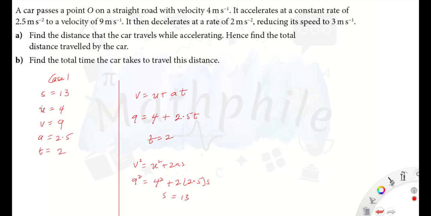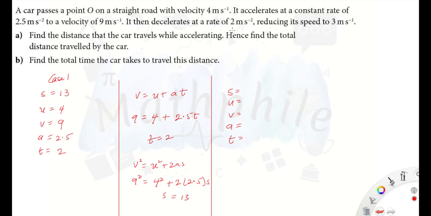The second case was when the car was decelerating. So again, let's set up the SUVAT. We were given the deceleration at a rate of 2 meters per second squared. Now, SUVAT doesn't really take into consideration deceleration.